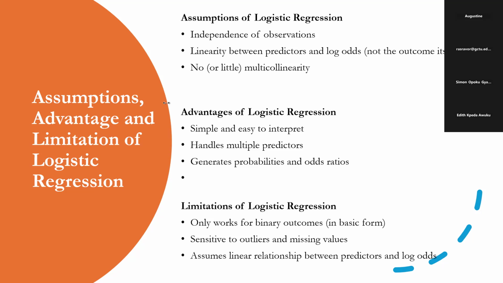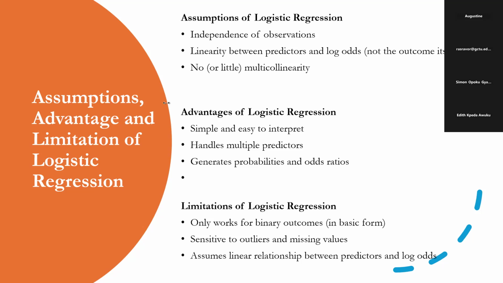Okay, so let's move on. We will write it on that day, but I made mention of multicollinearity several times, so please take note of it. What is the advantage? It is simple and easy to interpret when you have the results.